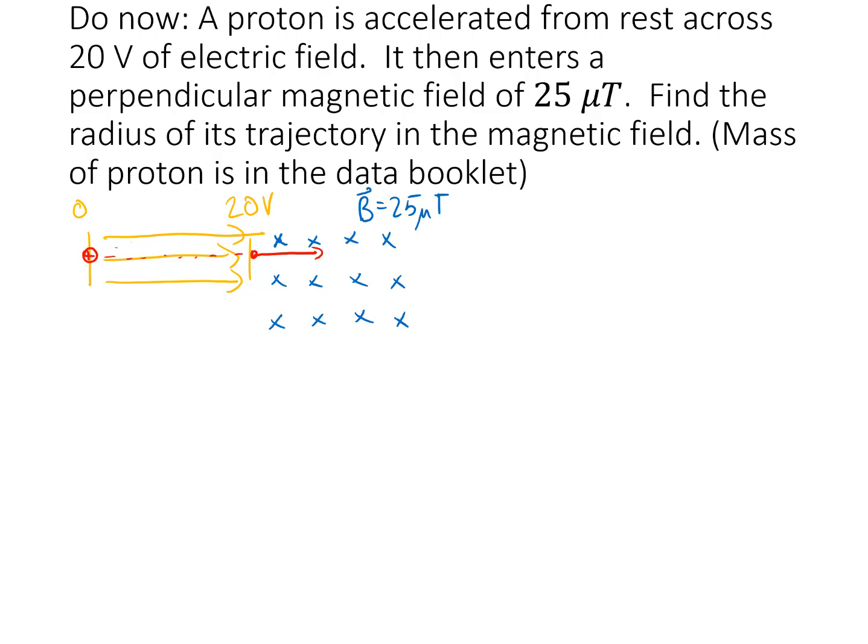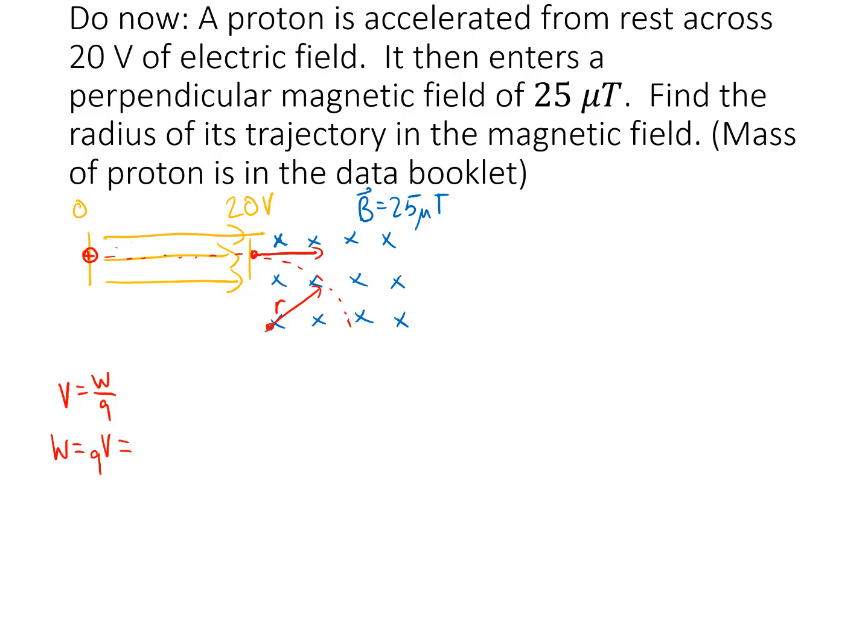Okay, we want to find the radius of trajectory in the magnetic field. We know it is going to form a circular arc, so we can just set the centripetal force equal to the magnetic force. But first we're going to need to find the speed, and we can find that speed using the electric force. We know that if we're accelerated across a voltage, voltage is work per unit charge. So work is equal to just charge times voltage.